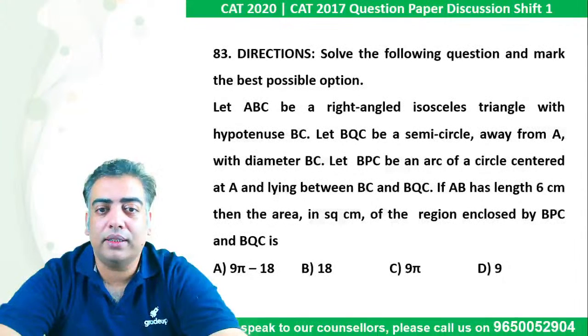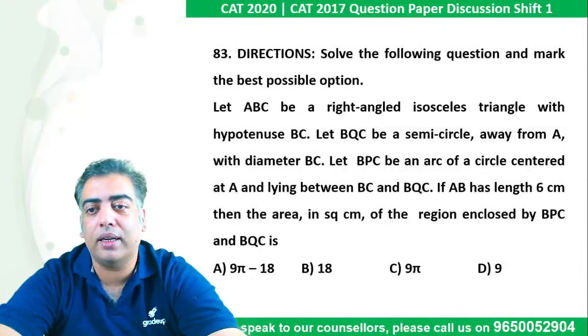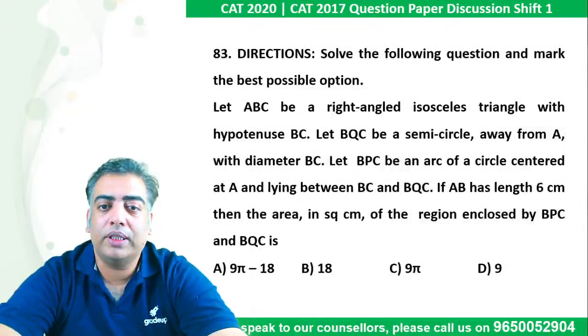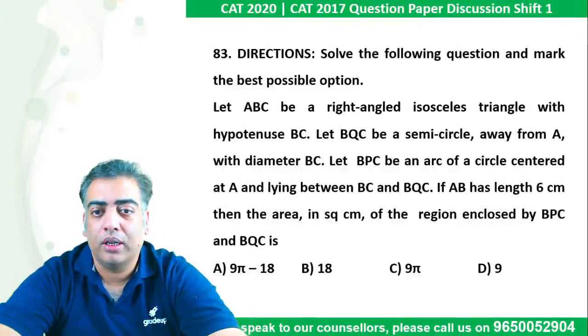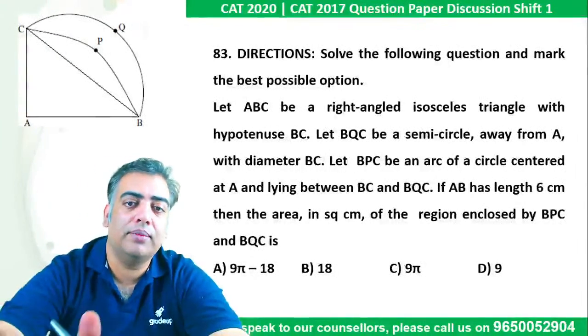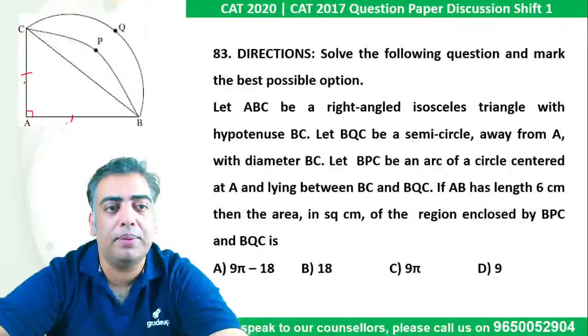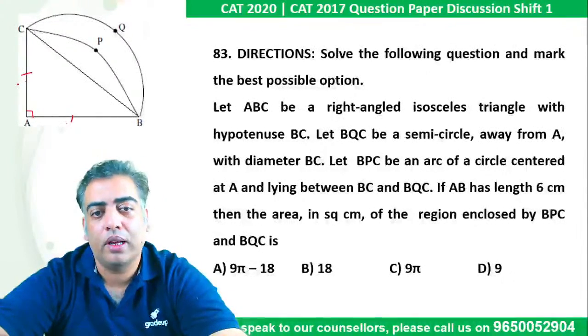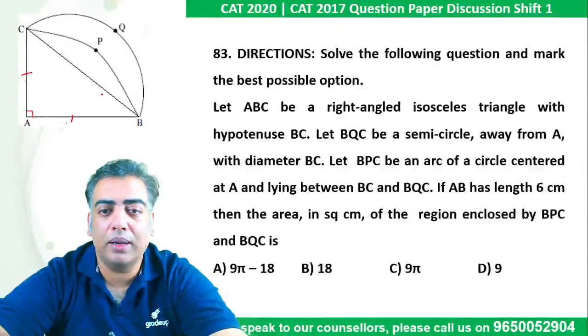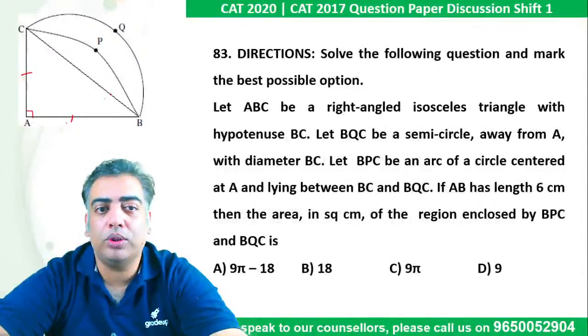So in next it says let ABC be a right angled isosceles triangle with hypotenuse BC. So here is the diagram for the same. So in this case, if ABC is a right angled isosceles triangle, it means AB and AC are equal, right? So BC is the hypotenuse. Let BQC be a semicircle away from A with diameter BC.